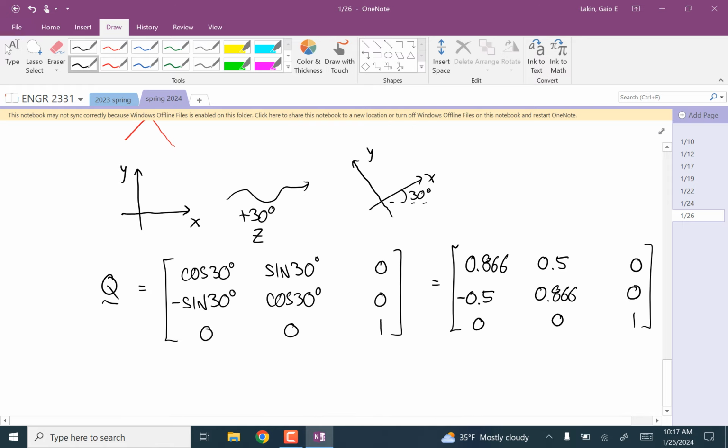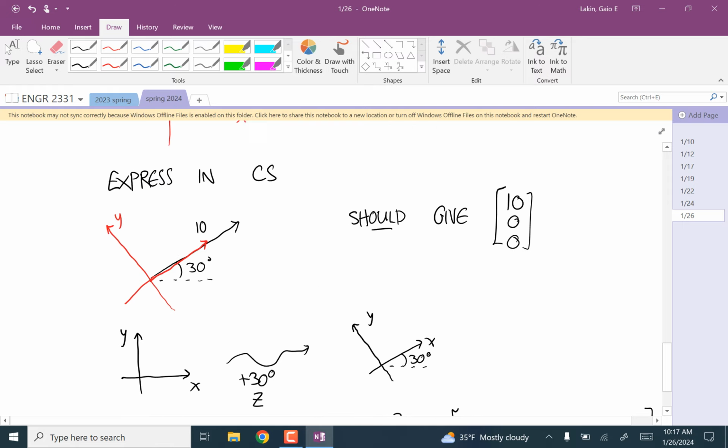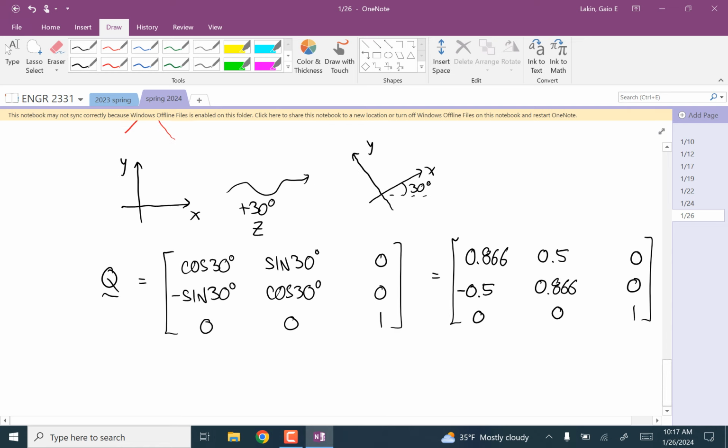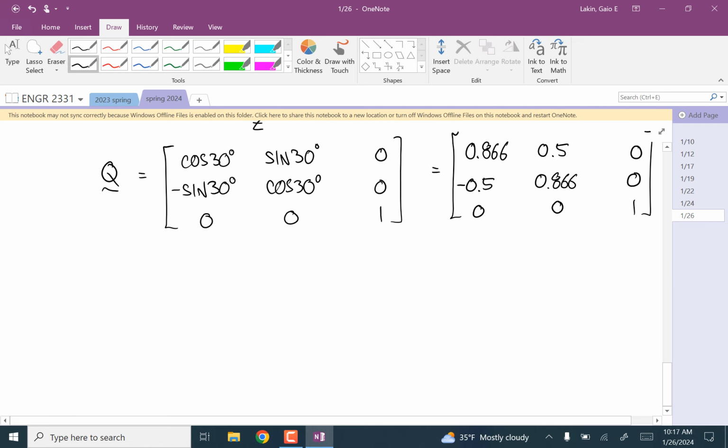And now multiply that matrix by the components in the original coordinate system.